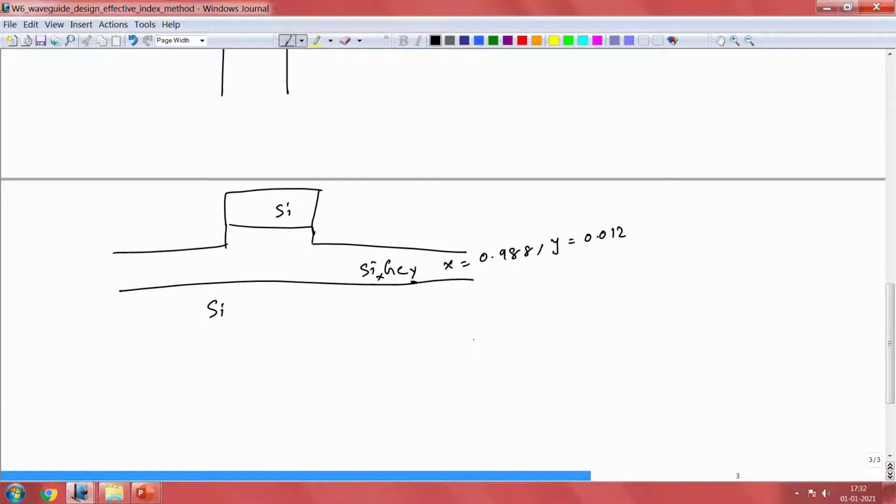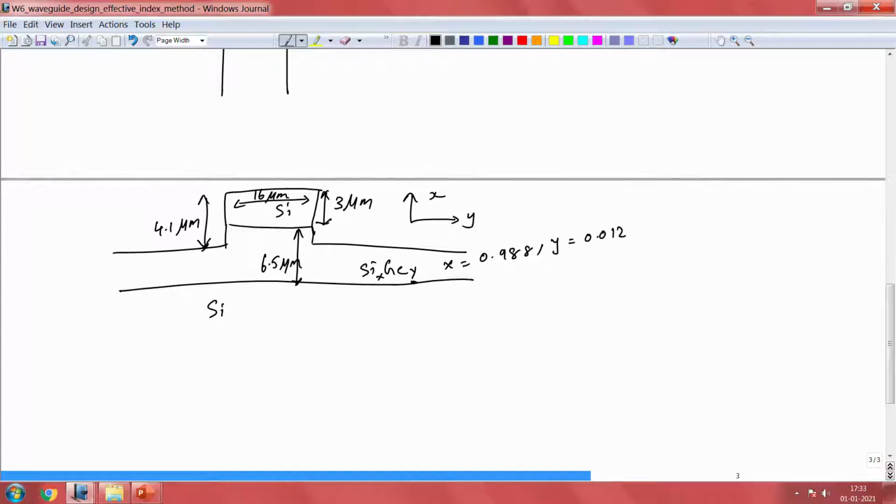So, this is what we have, and the thickness I have here is 6.5 micrometers, and the thickness of silicon that I have is 3 micrometers, and the total thickness I have here is 4.1 micrometers, all right, and the width of this particular structure is 16 micrometers, all right. So, this is my y and this is my x, all right. So, this is the structure in hand now, okay.